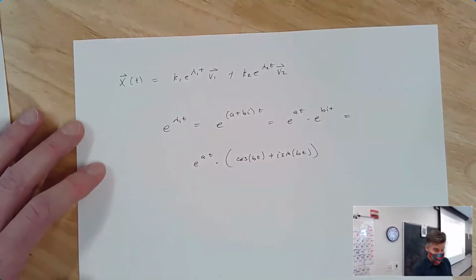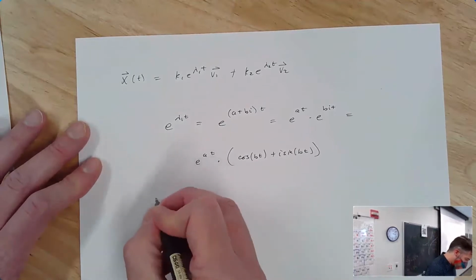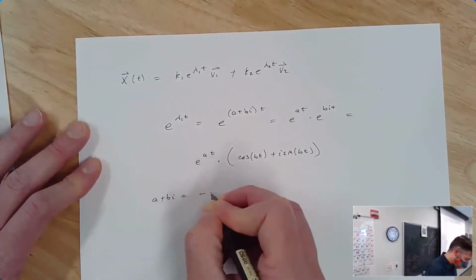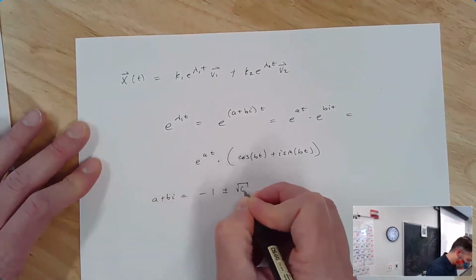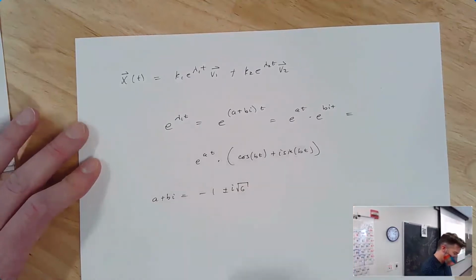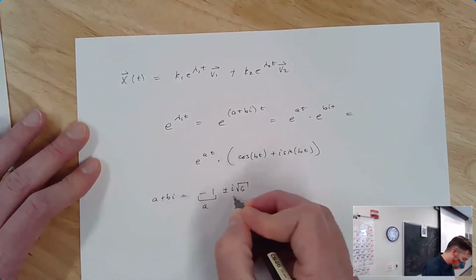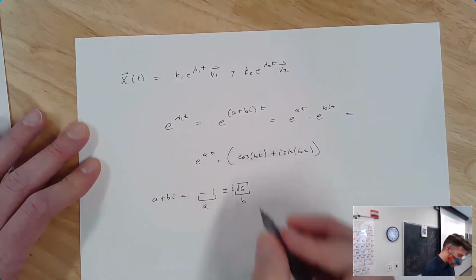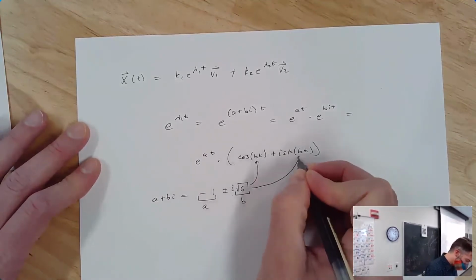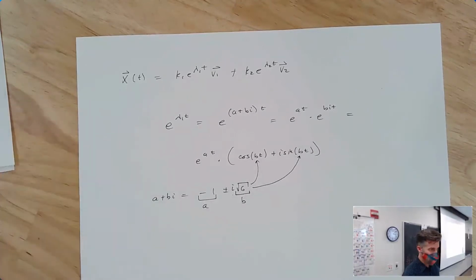That's where that's actually coming from. So a plus bi equals negative 1 plus or minus the square root of 6 times i. That's my a, that's my b. Hopefully that makes a little more sense.